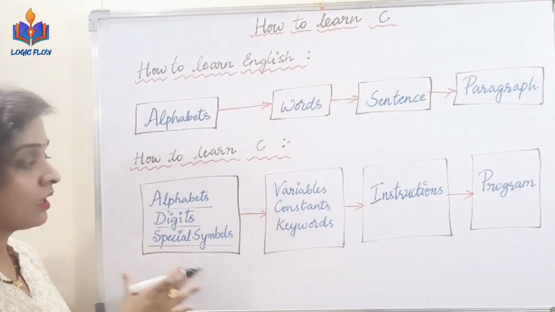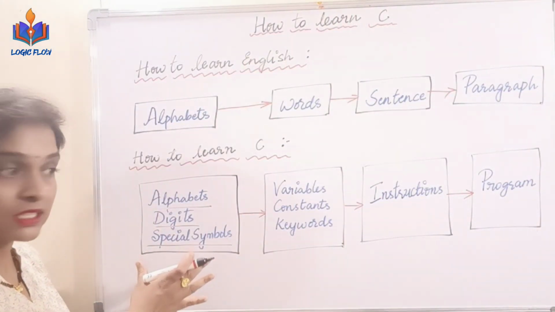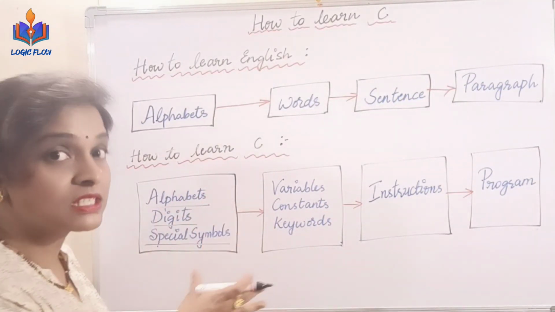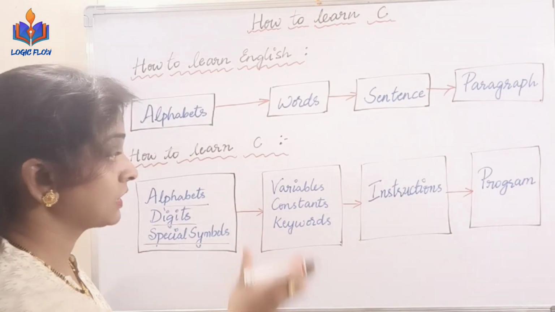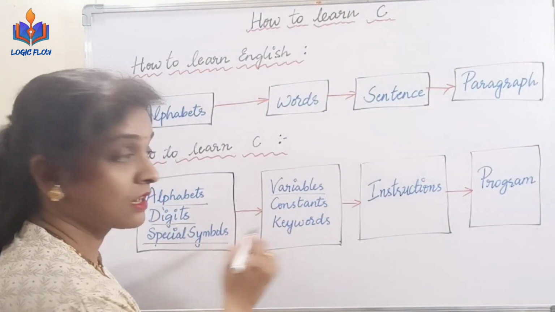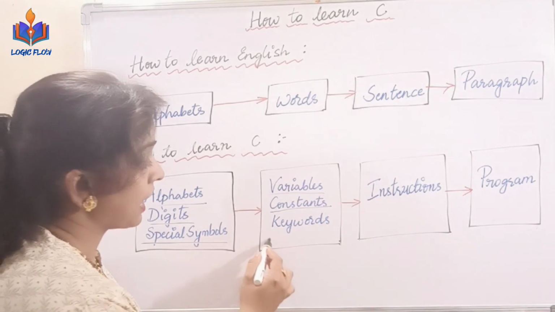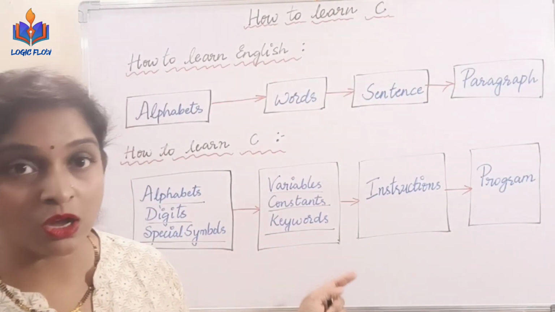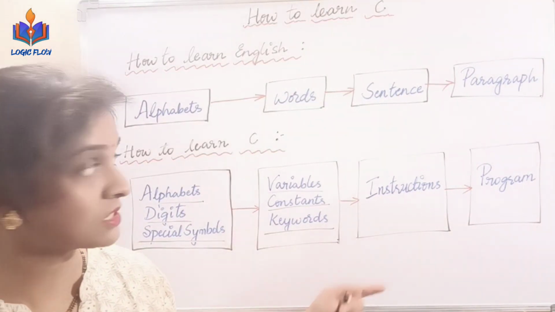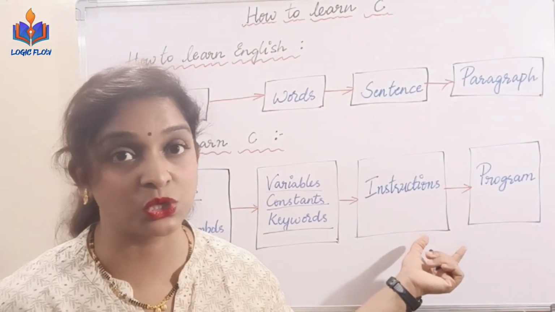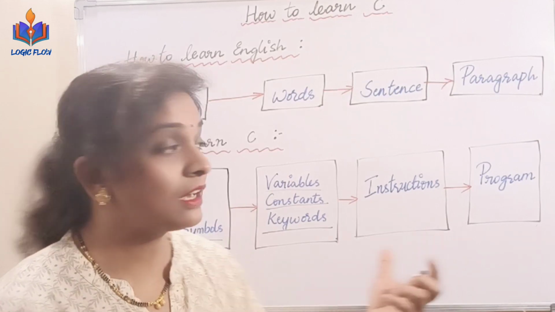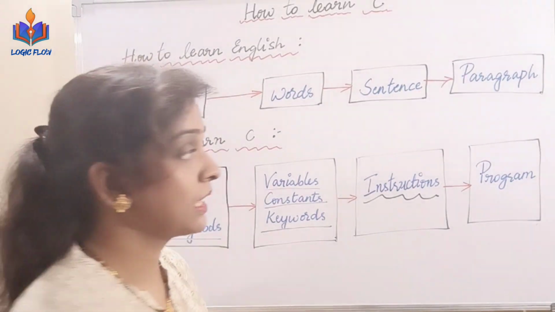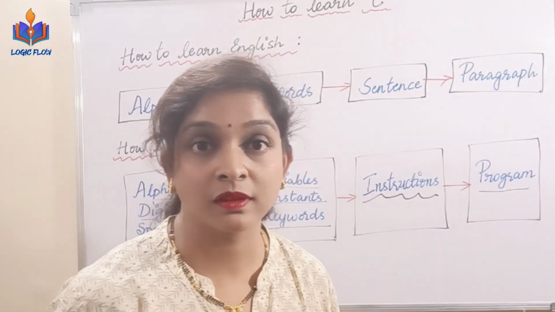A group of all these alphabets, digits, and special symbols will be utilized in my program as variables, constants, and keywords. Using all these variables, constants, and keywords, we create instructions. And a set of instructions makes a program.